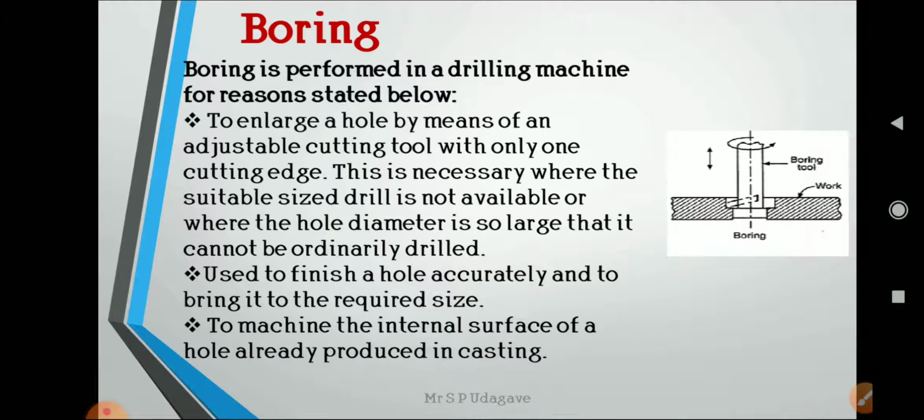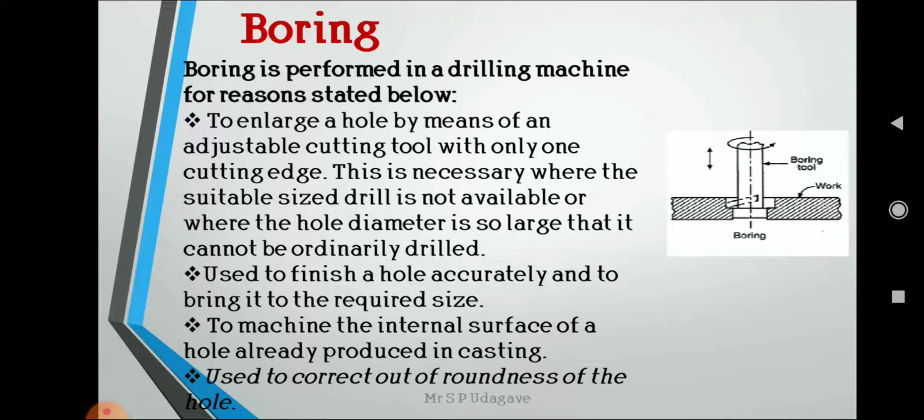Third, to machine the internal surfaces of a hole already produced by casting, and fourth, to correct out of roundness of the hole. These are the four basic reasons for the boring operation. The figure shows a rotary tool; we give the feed in the downward direction while applying pressure, and the single point cutting tool cuts the material and gives the accurate size as well as enlarging the hole.